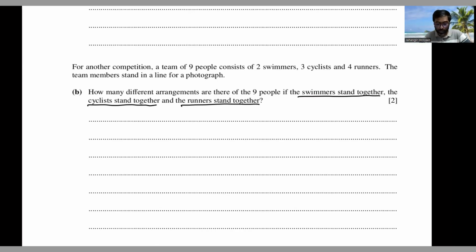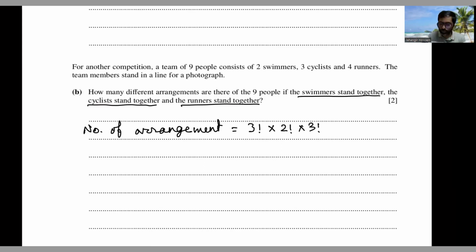The swimmers can rearrange among themselves, so can the cyclists, so can the runners. So first we arrange the three groups, factorial 3, times the swimmers can rearrange themselves in factorial 2 ways, the cyclists factorial 3, and the runners factorial 4.